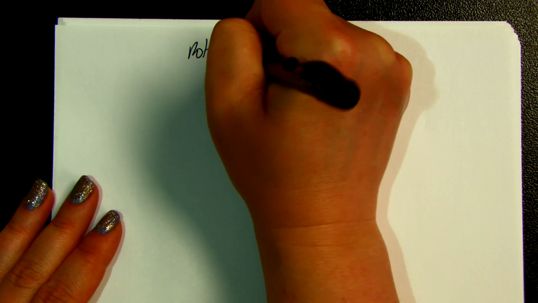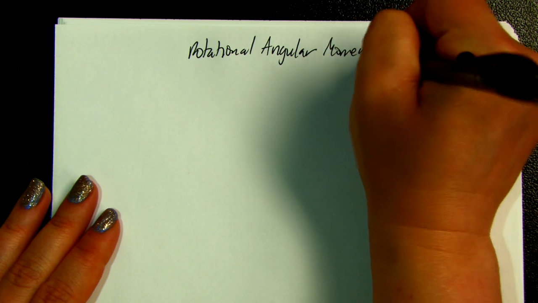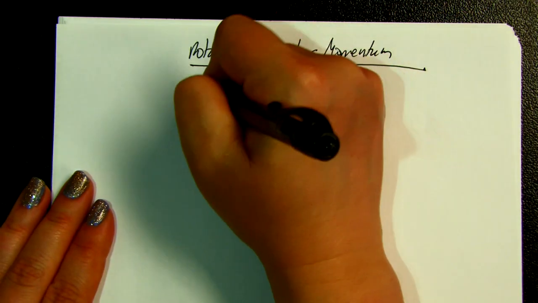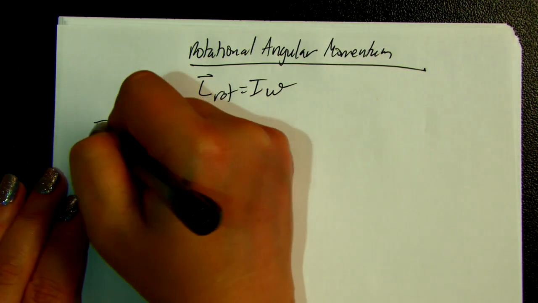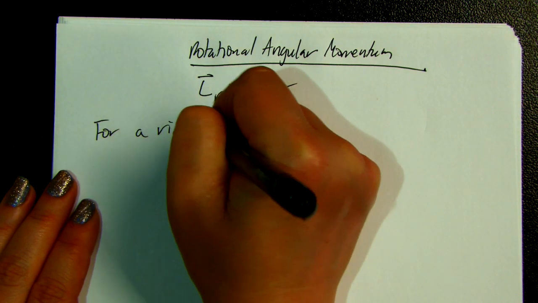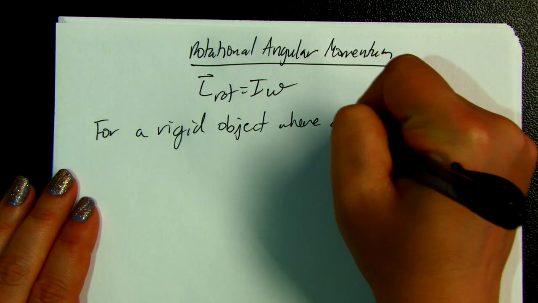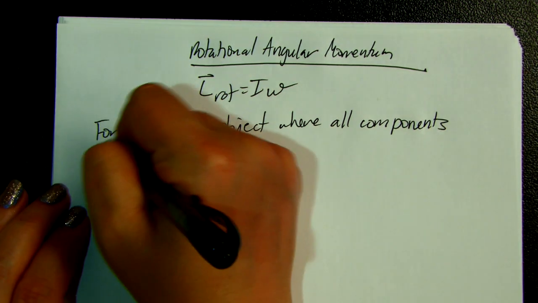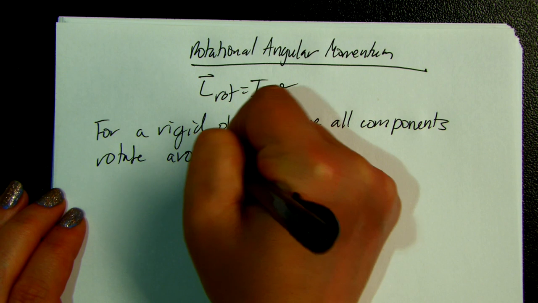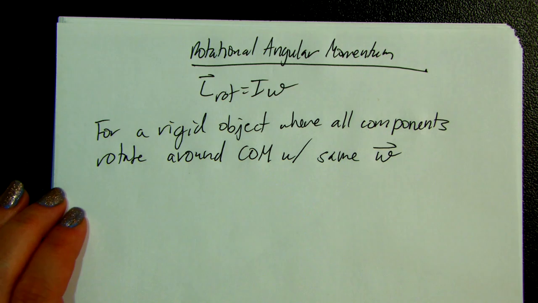So we can write it out explicitly. Rotational angular momentum, and this is for a rigid object where all components rotate around the center of mass with the same angular velocity.